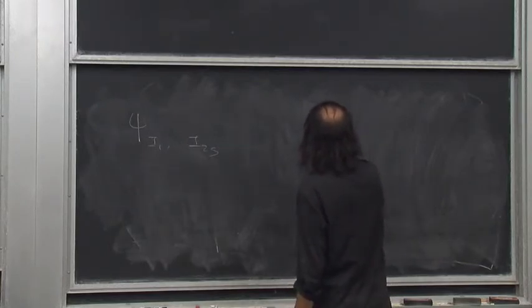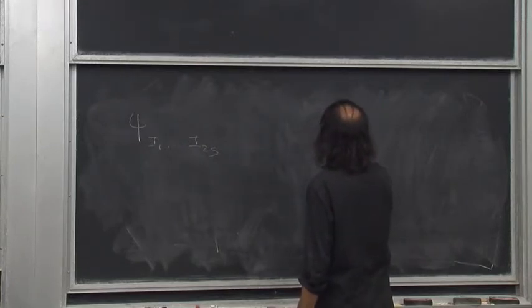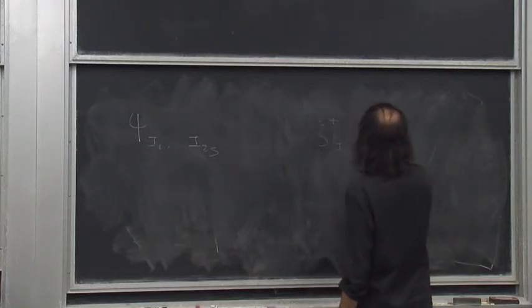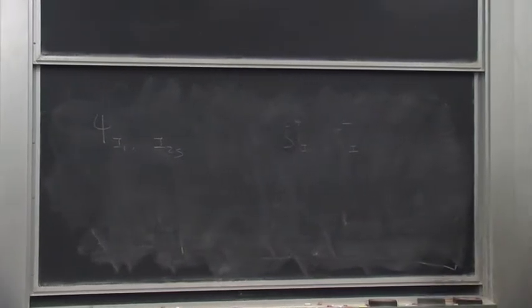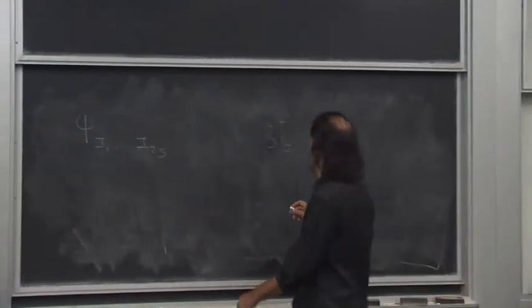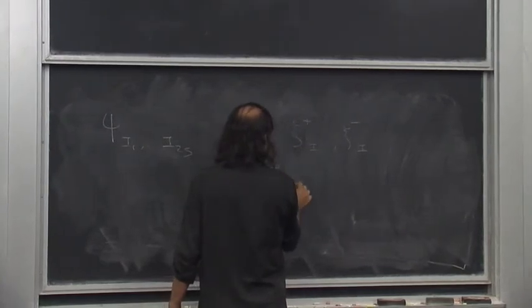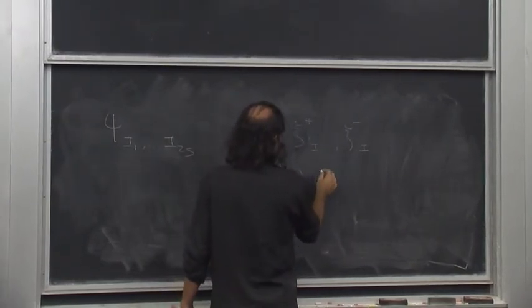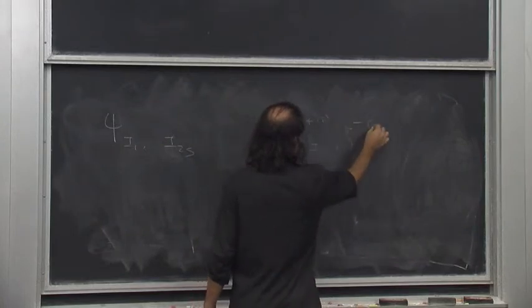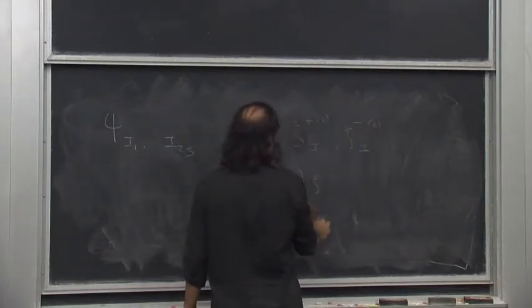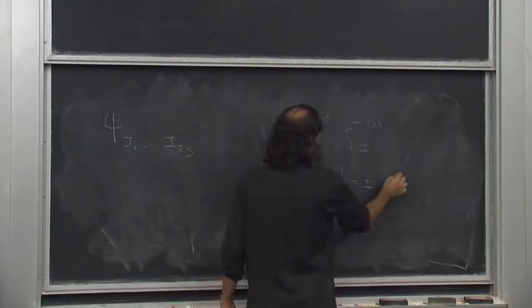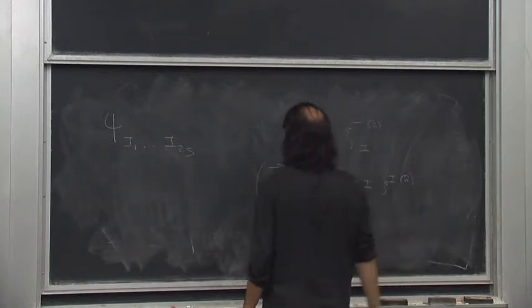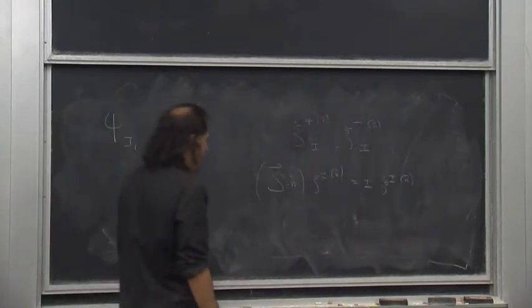I have the psi plus I and psi minus I. These are the eigenstates of S dot n hat, and they depend on n hat. S dot n hat psi plus minus of n hat is equal to plus minus psi plus minus of n hat.